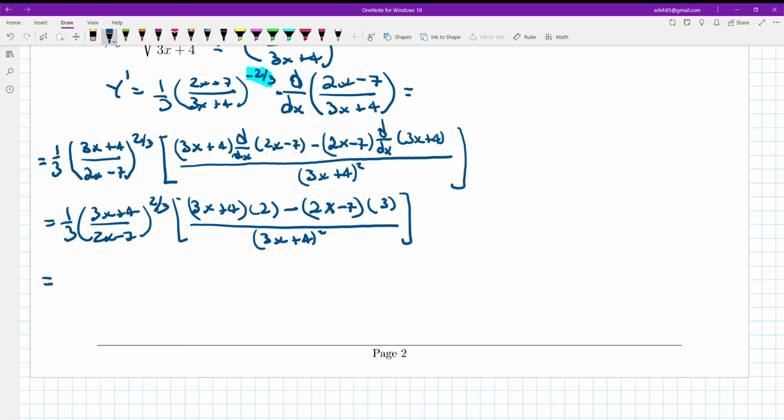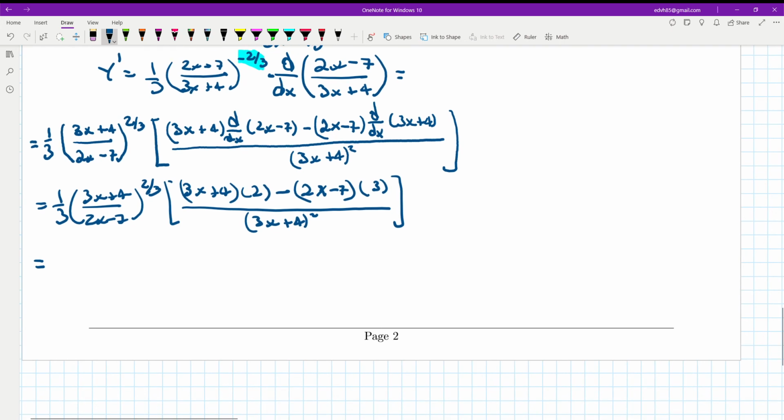So number one, 1/3 times 3x, and you know what, let me expand this exponent to both numerator and denominator. 1/3 times 3x plus 4 to the 2/3 over 2x minus 7 to the 2/3, also for a reason that you will see. So this will be in the numerator.